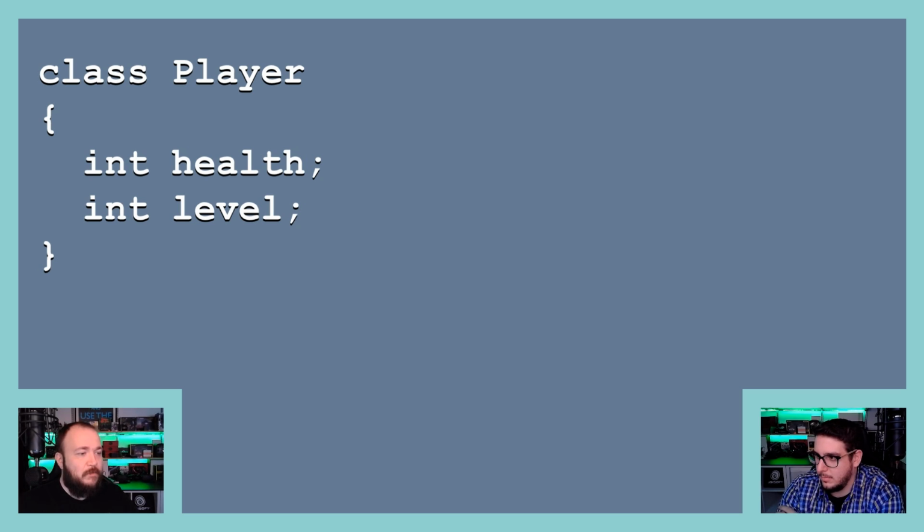So I can create a player called Oli, and it has health of 100 and a level of 1. Then I can create a player called Gabe, and he has a health of 2000 and level 99. Oh, snap. Come at me. And those are not the same variable, and don't contain the same values.